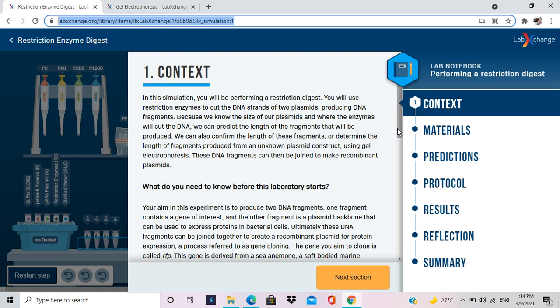Another application of restriction enzymes is to map the location of restriction sites in DNA.